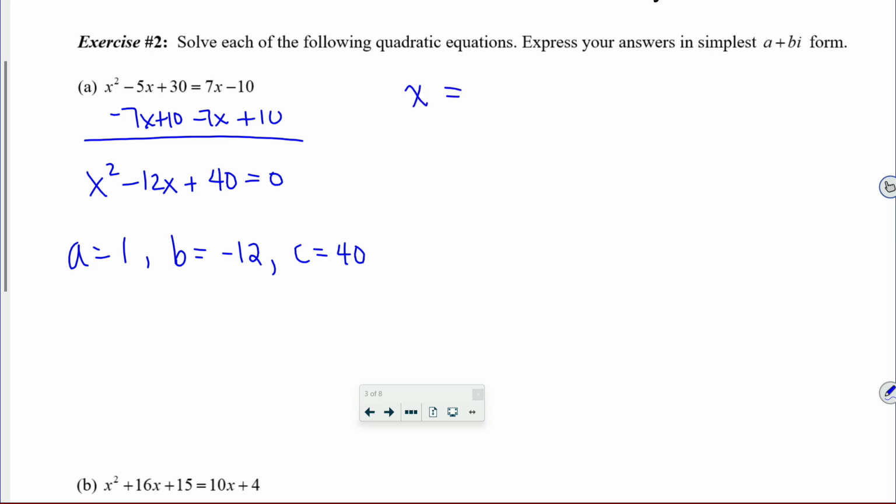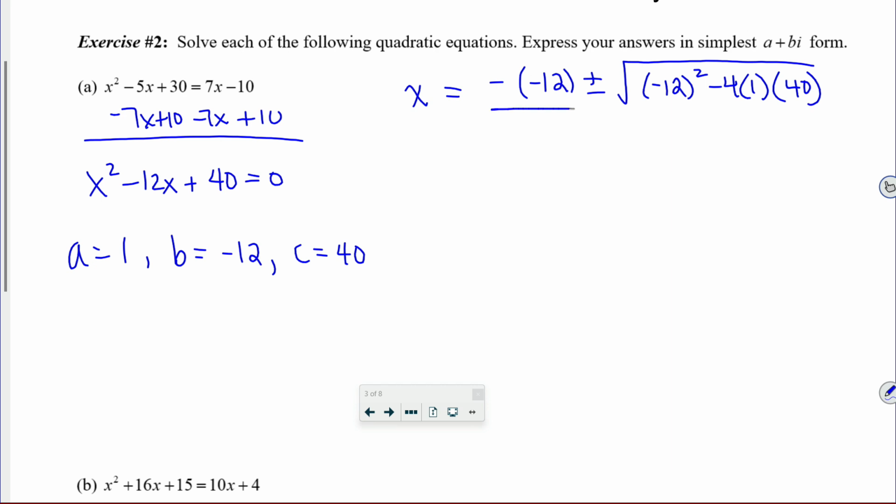So I can now say x is equal to negative 12 plus or minus the square root of negative 12 squared minus 4 times 1 times 40, all divided by 2 times 1.